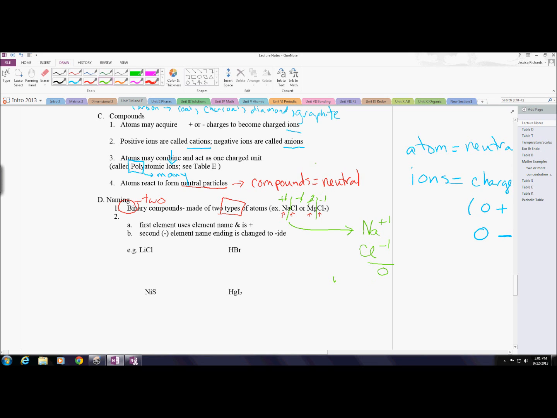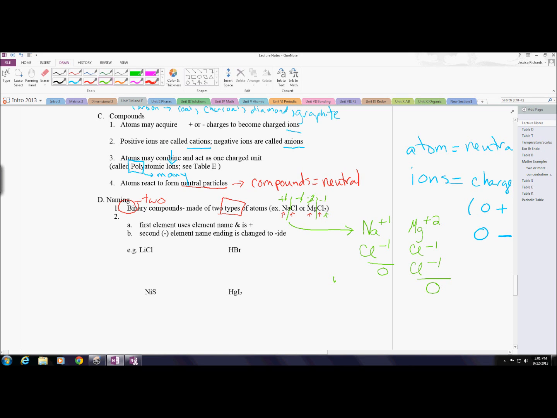In the magnesium chloride, I have one piece of magnesium that has a charge of +2, and I have 2 pieces of chlorine that each have a charge of -1. Remember we said that this little subscript 2 only applies to the chlorine. So if I add these up, +2, -1, and -1, the total is going to be 0.